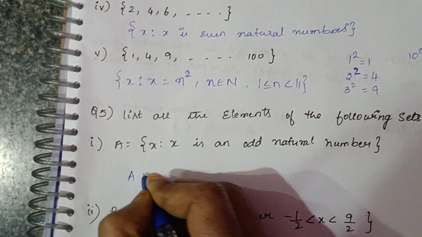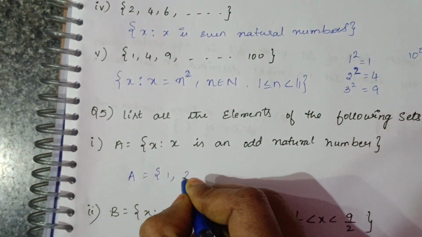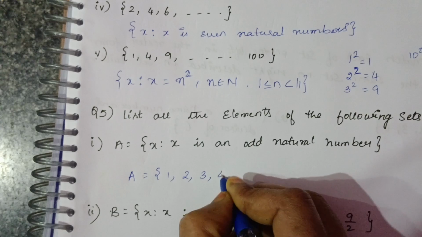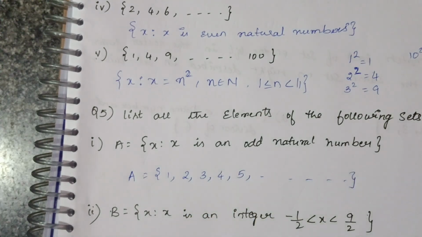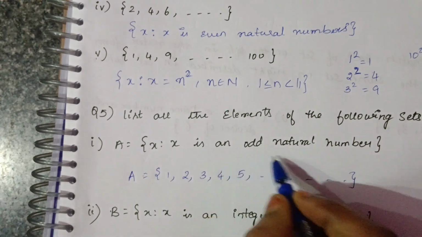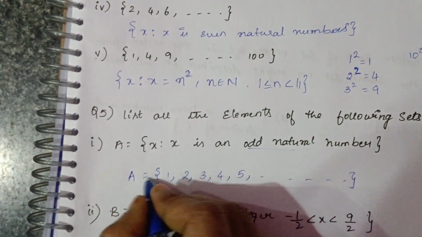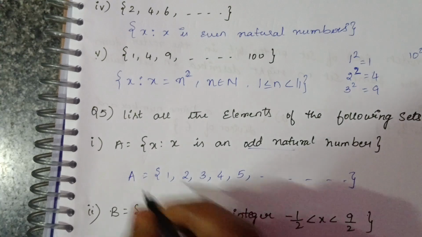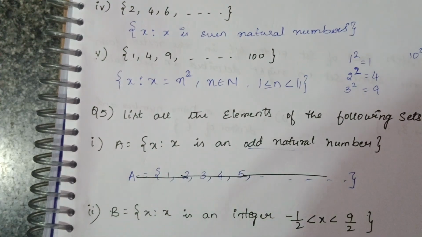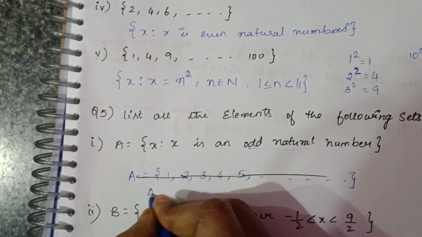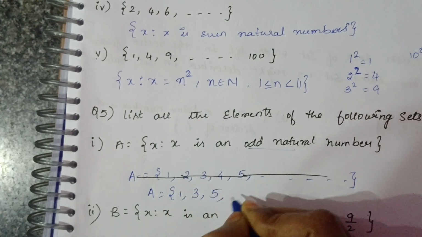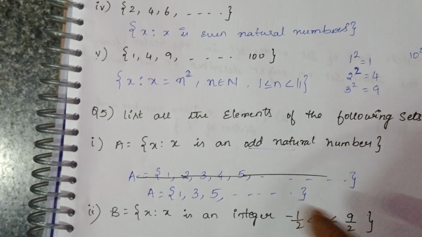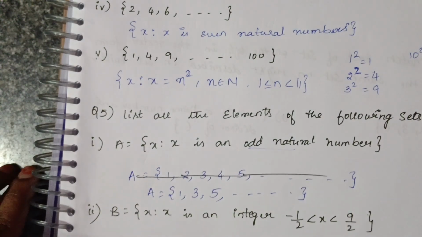Odd natural numbers means 1, 3, 5 and so on. Sorry, I wrote natural numbers, but they mentioned odd natural numbers.